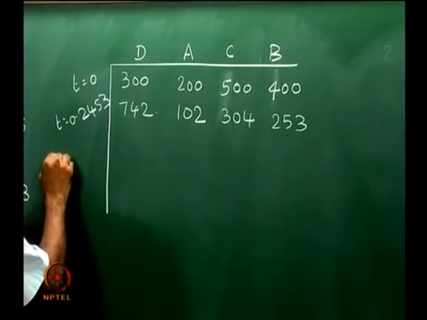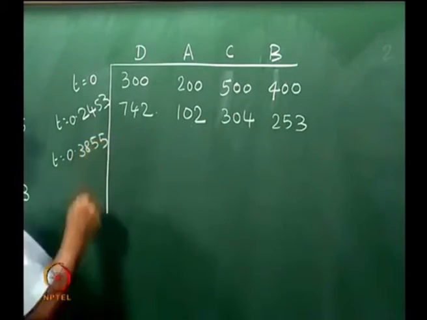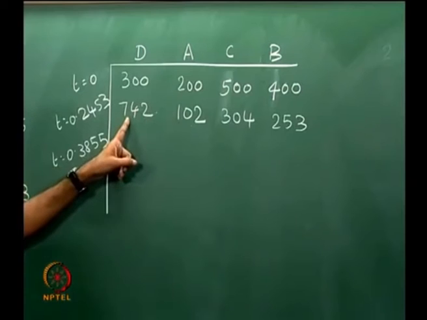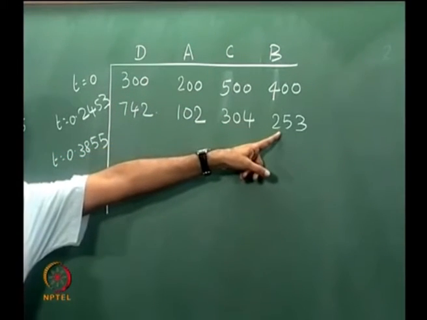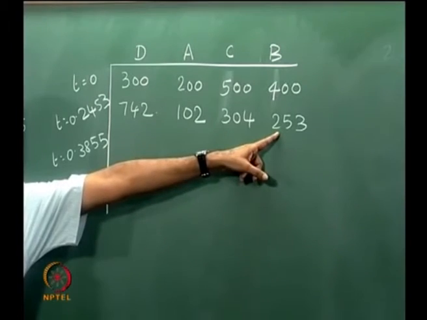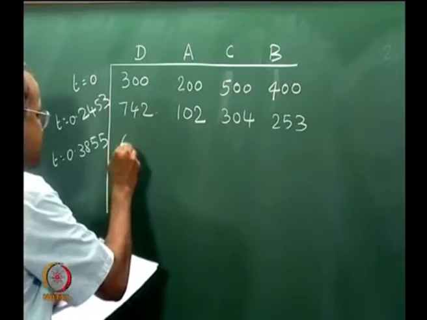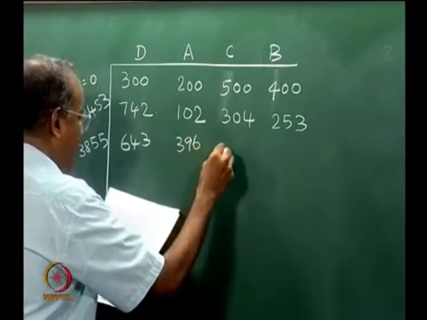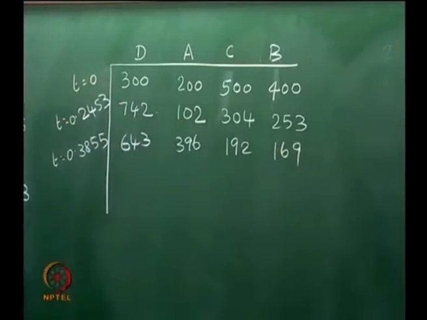Now, we look at what happens at 0.3855. Now, here we produce and consume, here we consume out of 742, here we consume out of 304, here we consume out of 253. So, quickly doing these calculations, we will have 643 here, 396 here, 192 here and 169 here.